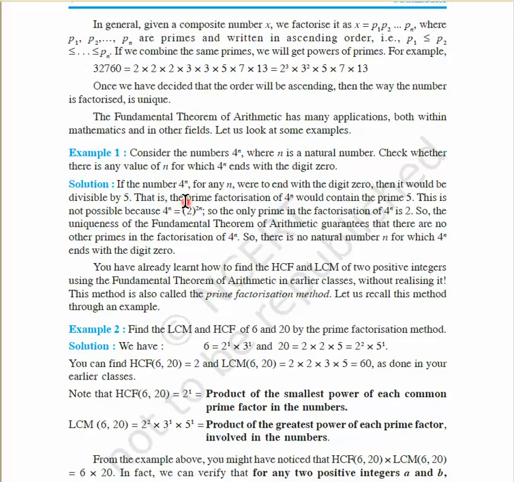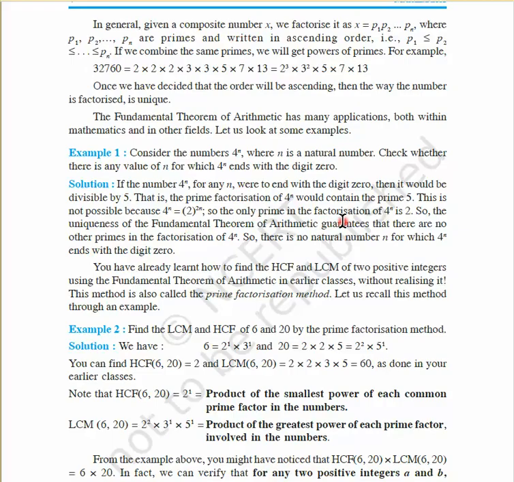So if the number 4 raised to the power n for any n were to end with the digit 0, then it would have been divisible by 5, right? So the prime factorization of 4 raised to the power n would contain the prime factor 5. This is not possible because 4 raised to power n is nothing but 2 raised to power 2n.